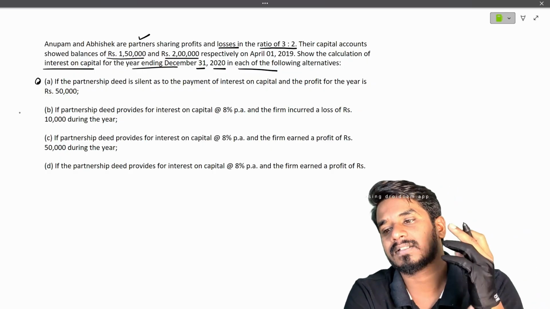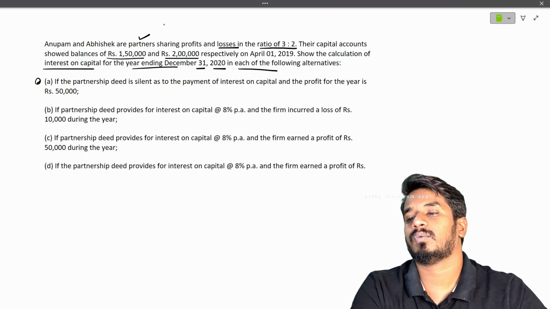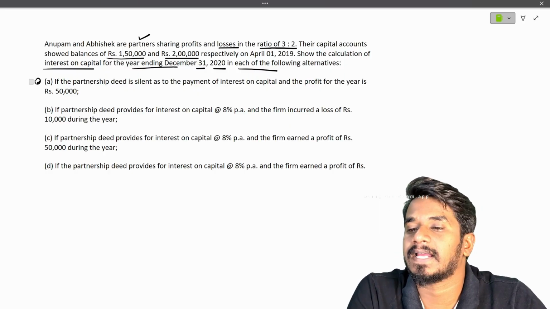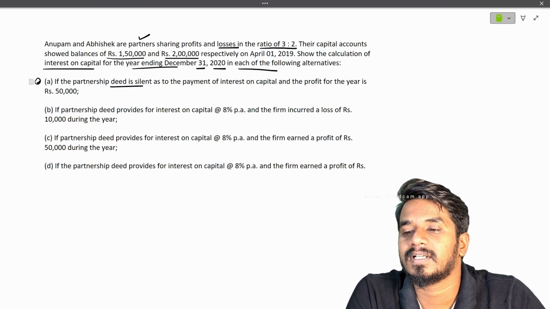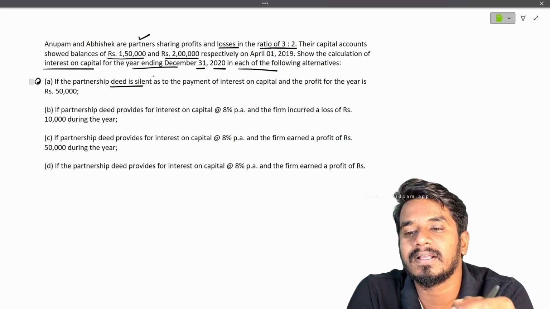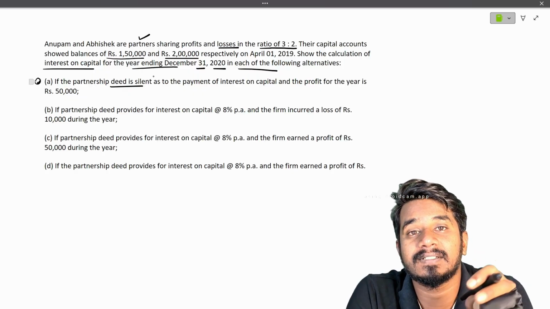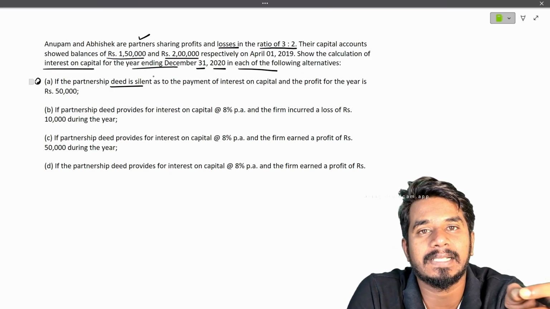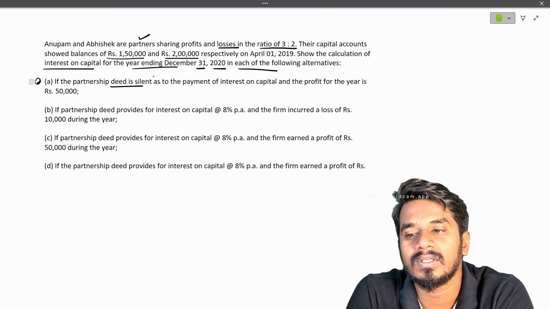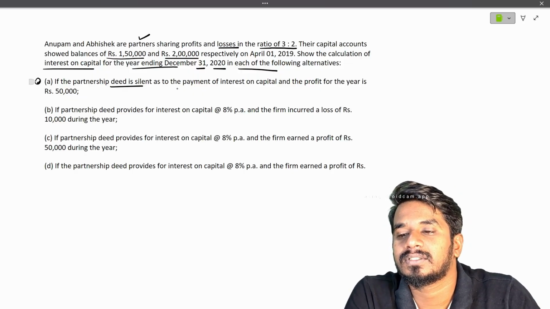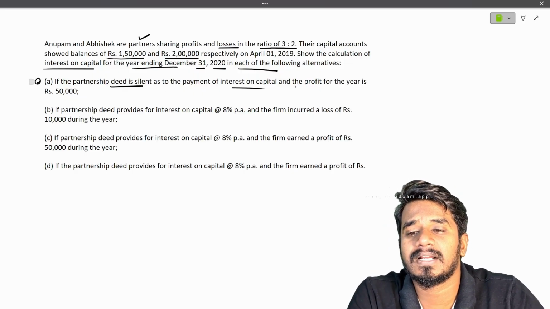The first one: if the partnership deed is silent, that is, if in the agreement the partners made, they didn't mention anything about interest on capital, then what do we need to do? That is the case given here.